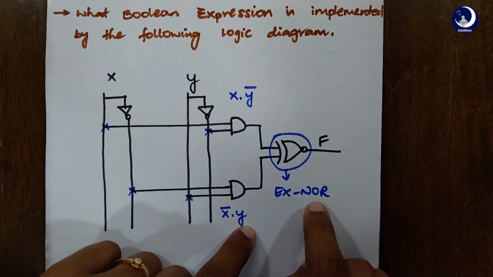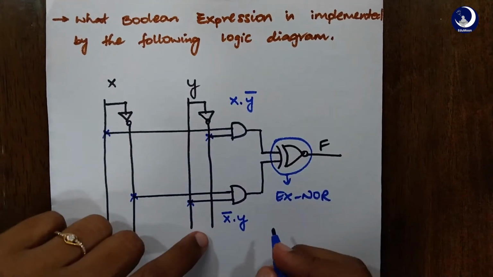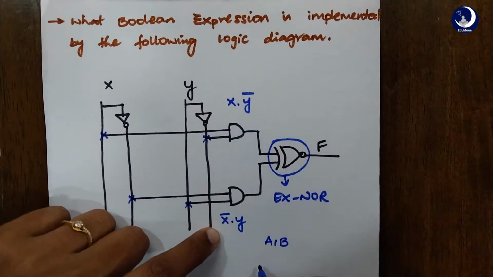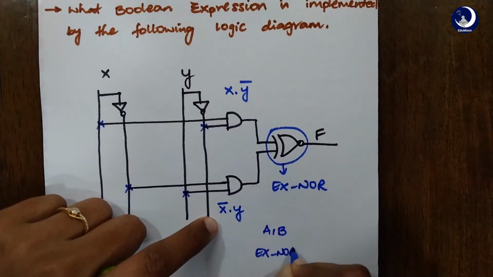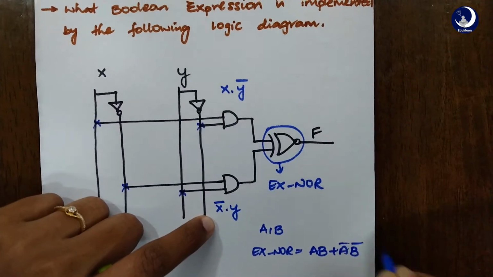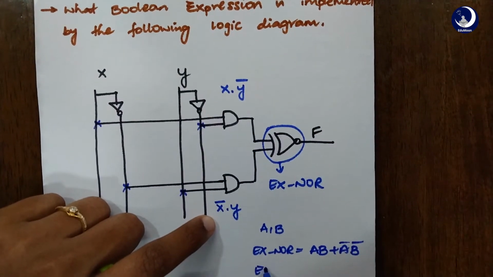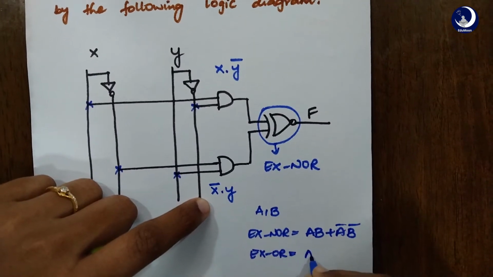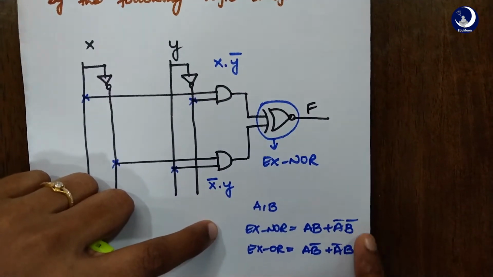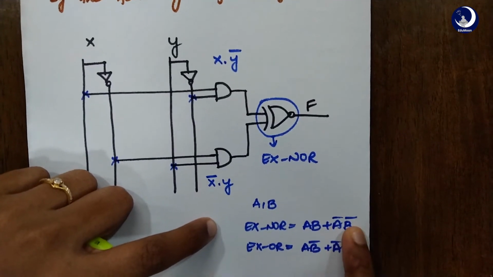In case of XNOR you will be having this bubble. Now generally if there are two inputs A and B, the XNOR will be of the form AB plus A bar B bar. Okay, in case of XOR it is AB bar plus A bar B. Remember these notations carefully. This is an XNOR condition.